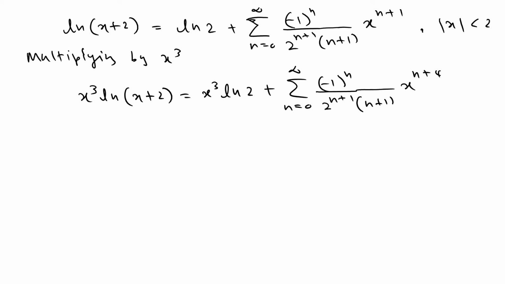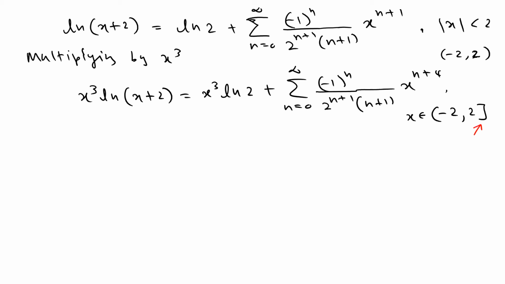And you can see that this is the series you get, and the interval is from negative 2 to 2. If you plug in x equal 2, you get the alternating series which is going to converge. So that means the interval is now open at negative 2 but closed at 2, so you get a new point there.